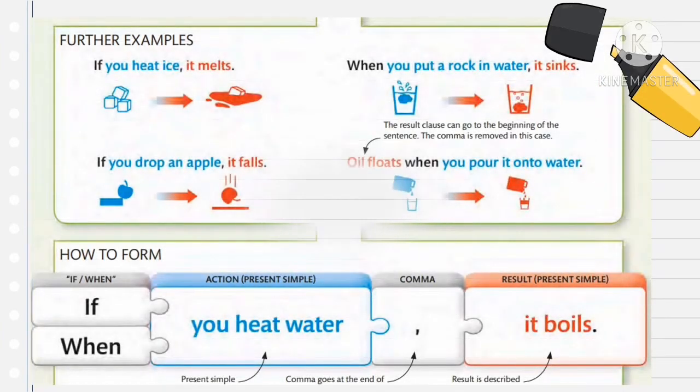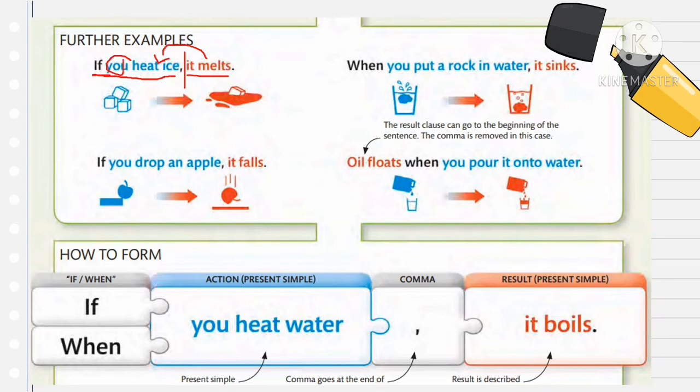Let us analyze the following sentences. If you hit ice, it melts. If you hit ice is what we call the if clause in the sentence. And it melts is what we call the main clause. It melts describes the result of the situation in the first part of the sentence.